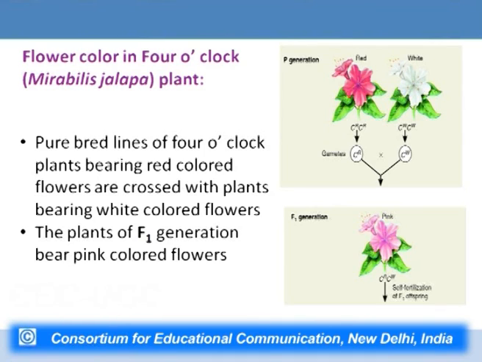The plants of the F1 generation have pink color in spite of the parents being red and white. The normal Mendelian monohybrid cross suggests that if there is a dominance and recessive relationship between the two alleles, then the F1 individual should be either red or white. But in this particular case, it is leading to the formation of individuals which produce pink colored flowers.